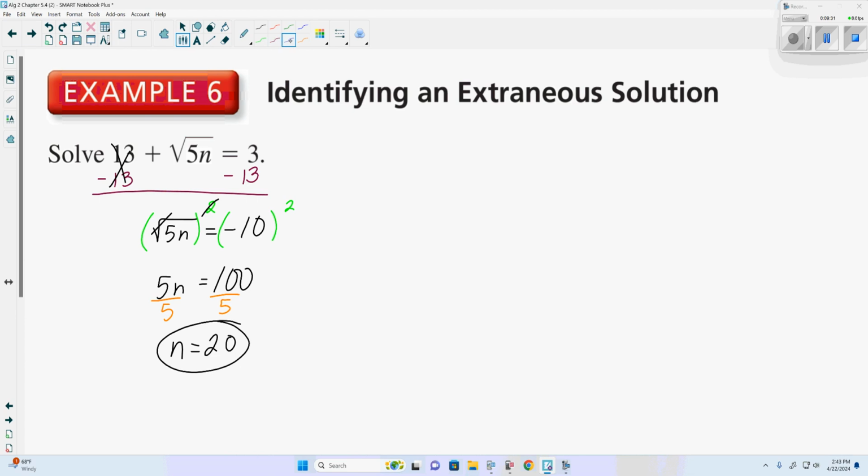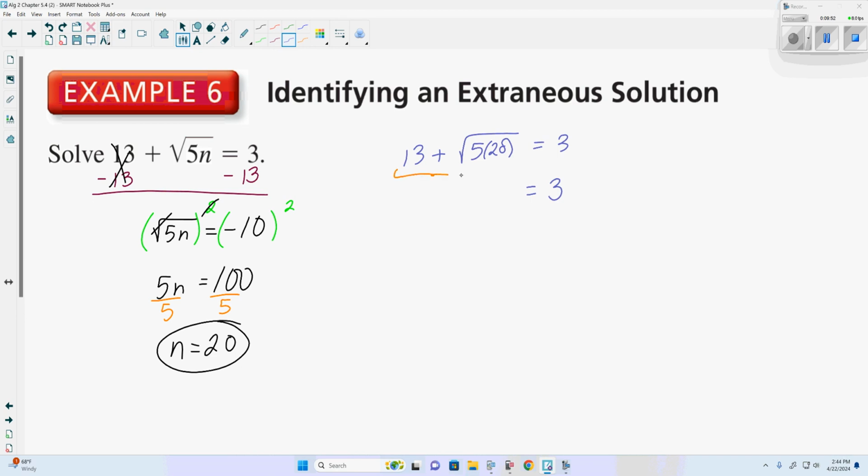All right. Before we move on, let's check it, just make sure it works. Now the right-hand side is 3. I actually can't remember if I checked the last one, but we can go back and look.